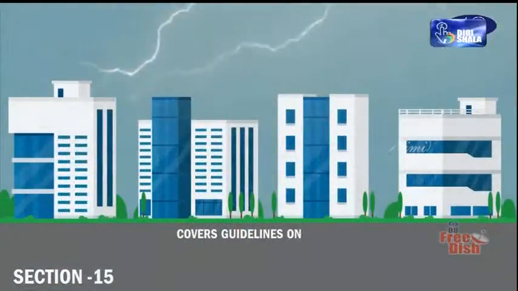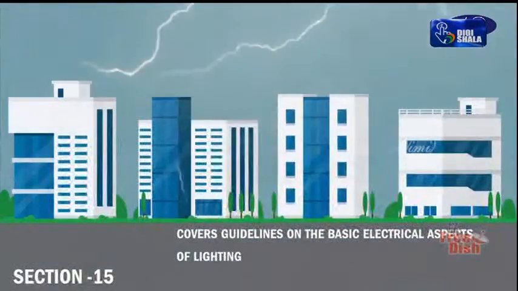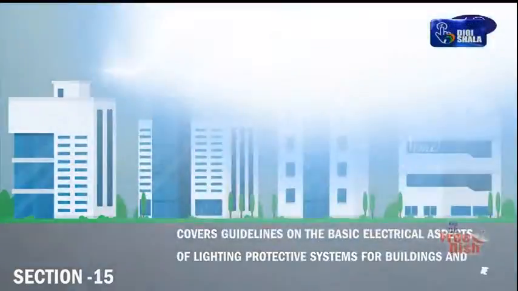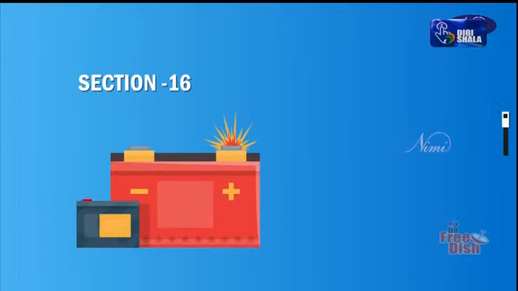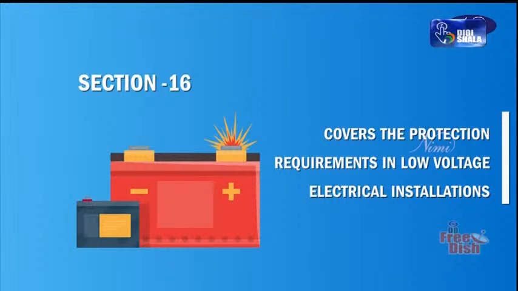Section 15 covers guidelines on the basic electrical aspects of lightning protective systems for buildings and the electrical installation forming part of the system. Section 16 covers the protection requirements in low voltage electrical installations of buildings.